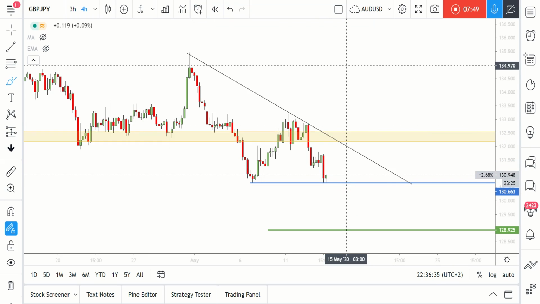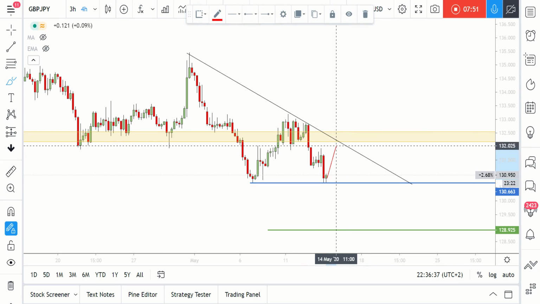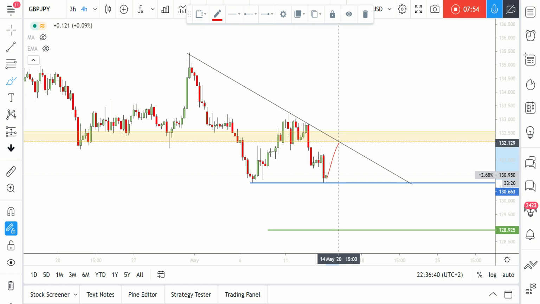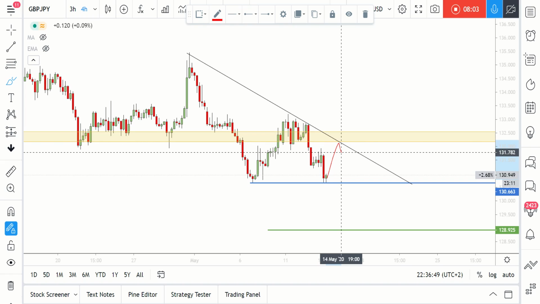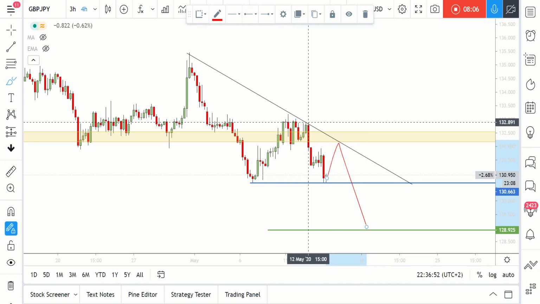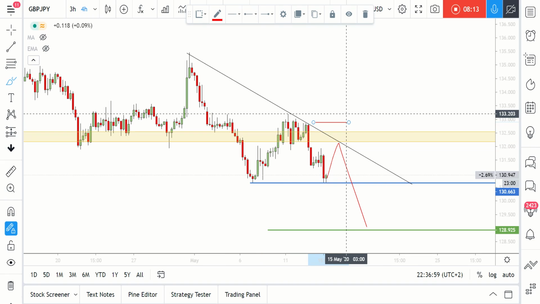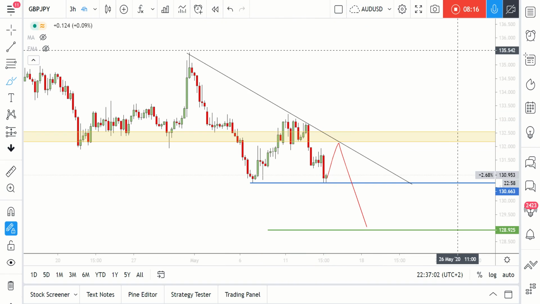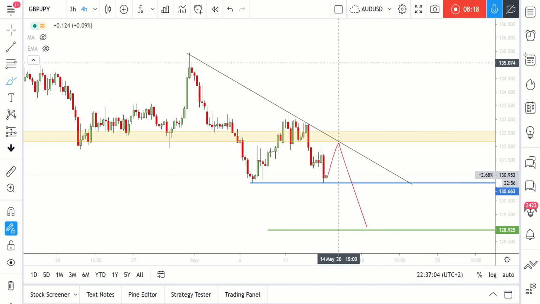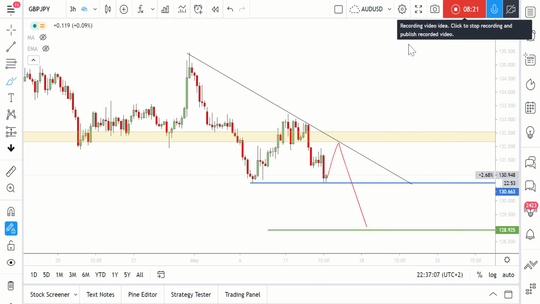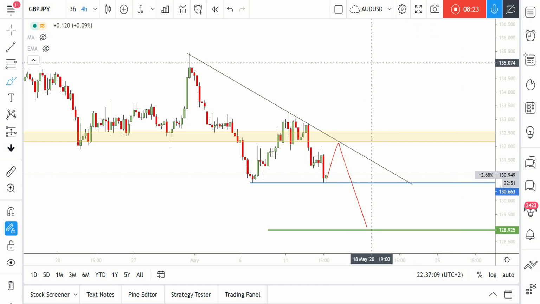But just based off of my trading rules, I'm looking for price to retest here once we do have reversal candles. That could be your shooting stars, it could be your inverted hammers, it could be bearish engulfings. Then I'll be looking to go short, and I'll have my stop loss just above this previous level of support or resistance, whichever you want to call it. So that is what I'm looking for on the GBPJPY, but I will send the signals or the exact entry and exit points in the signal groups.